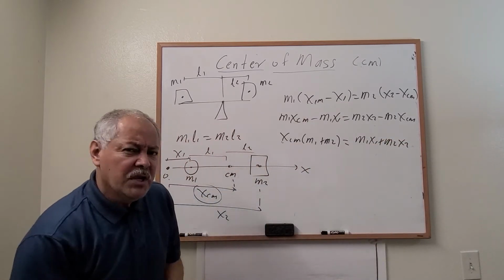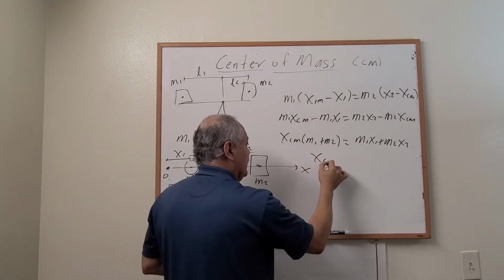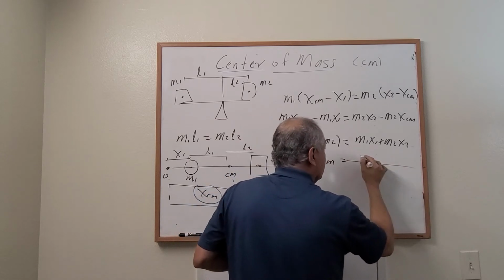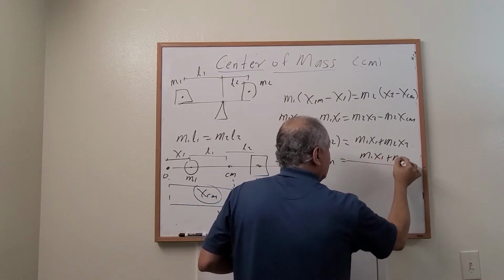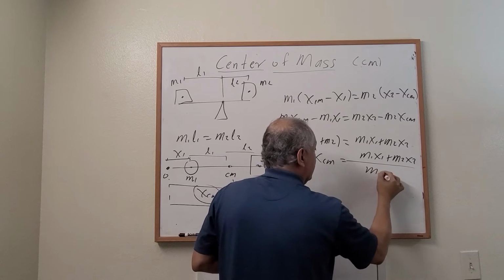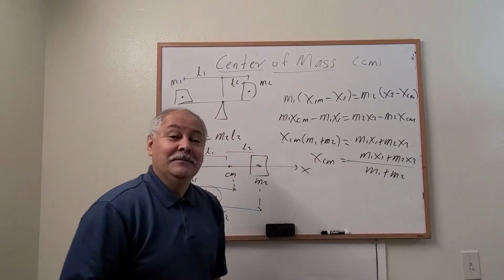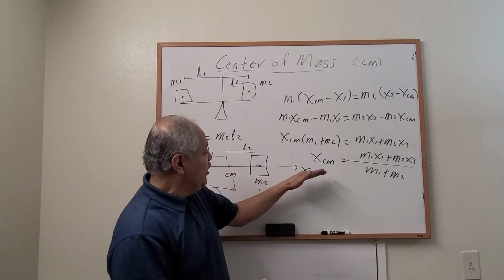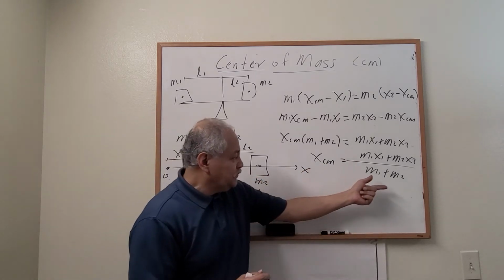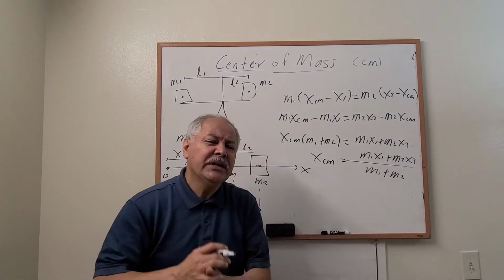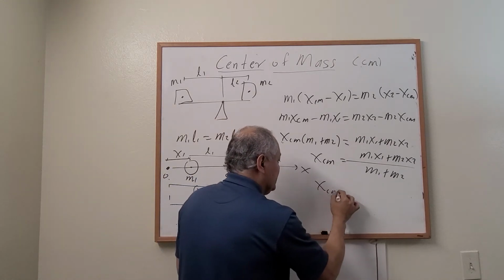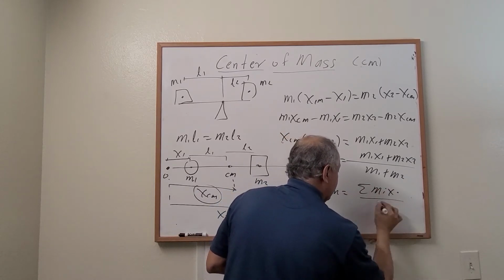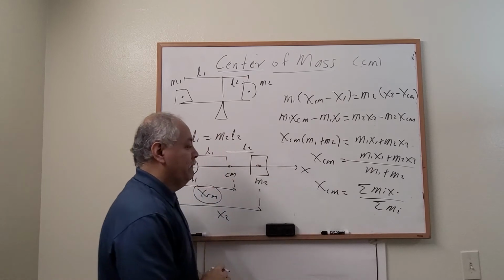From here we solve for the position of the center of mass in the x direction, equal to this sum, M1 X1 plus M2 X2, divided by the total mass. In general, if we have, let's say, 3 or more objects, how can we simplify this equation? In general, we can write this equal to the sum of this product divided by this sum.